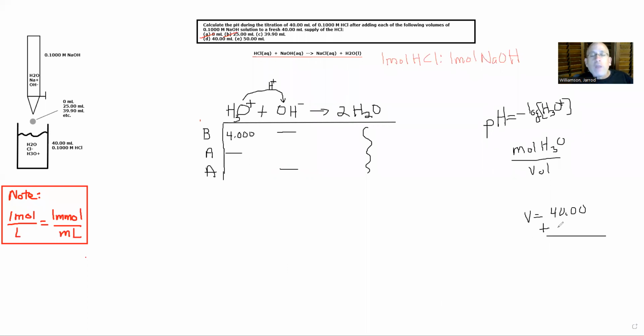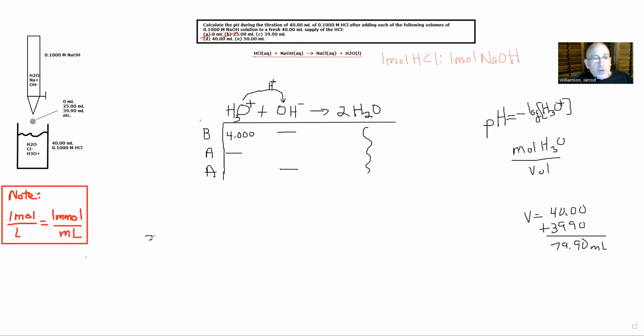It'll be 40 milliliters to start with and 39.90 milliliters. That'll be 79.90 milliliters total volume. What is the amount of hydroxide ion that I've dripped in?